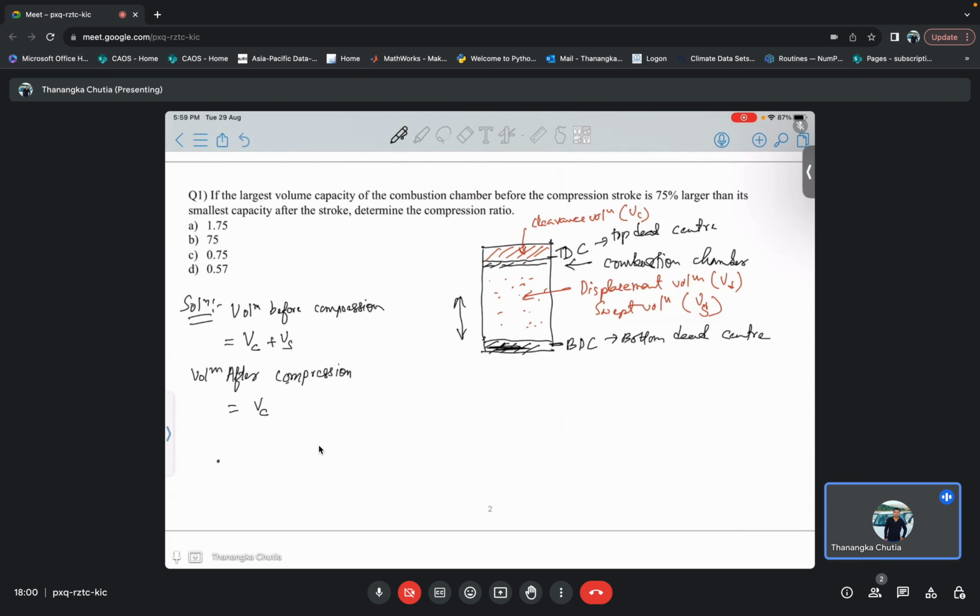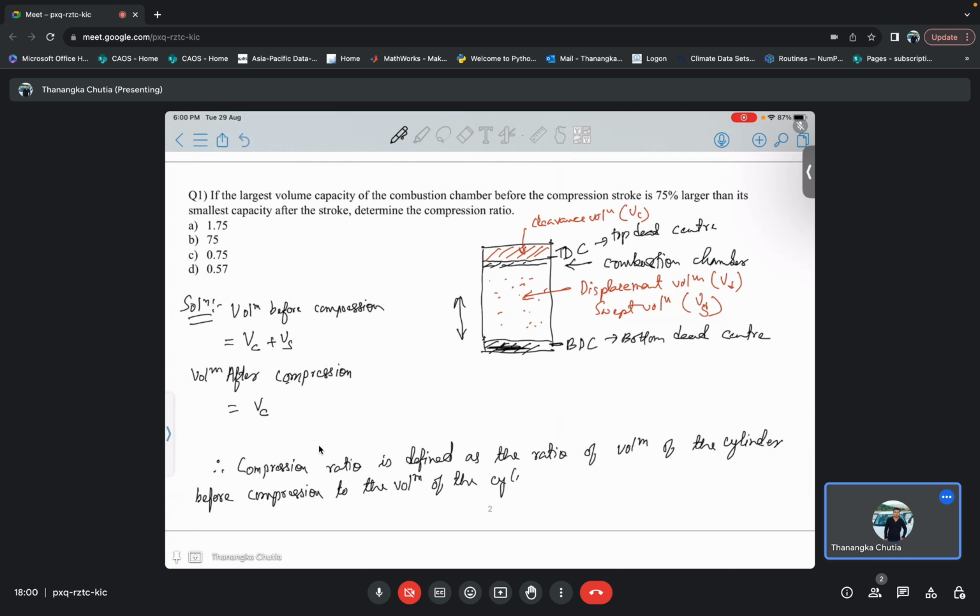Now according to the definition, compression ratio is defined as the ratio of the volume of the cylinder before compression to the volume of the cylinder after compression.